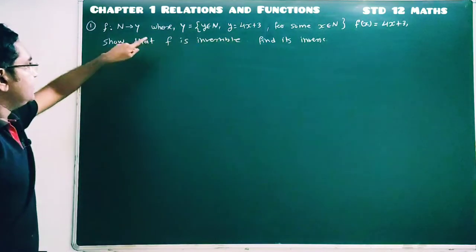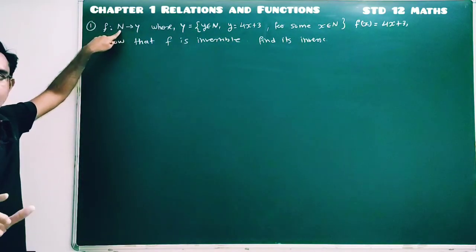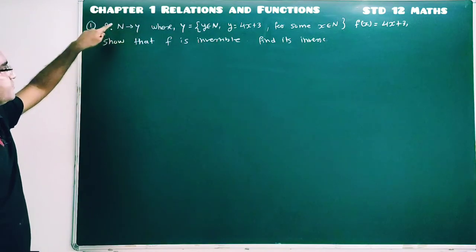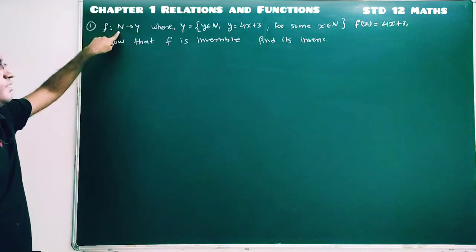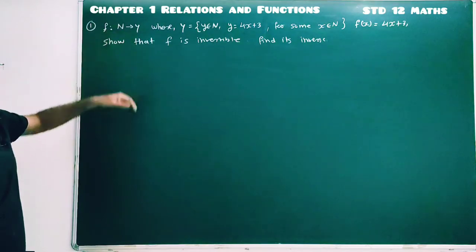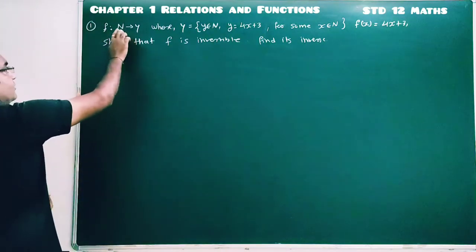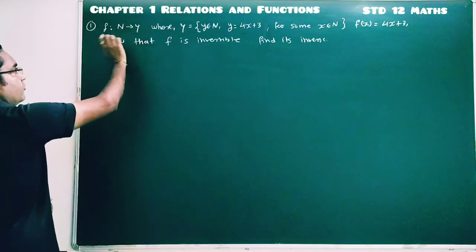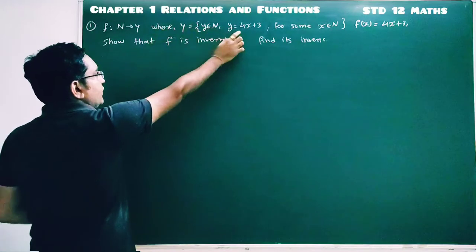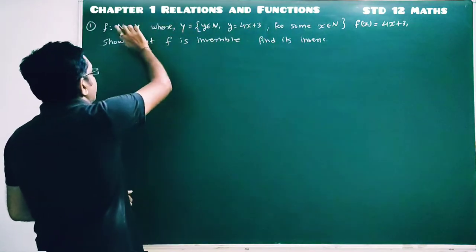That means for each and every input from this domain, we are getting the output into this codomain, and hence for this function, this is the domain and this is normally the codomain. But for this case, this codomain is the range. So this is the domain and this is the range for this function, because all these y correspond to the value of x from the domain N.